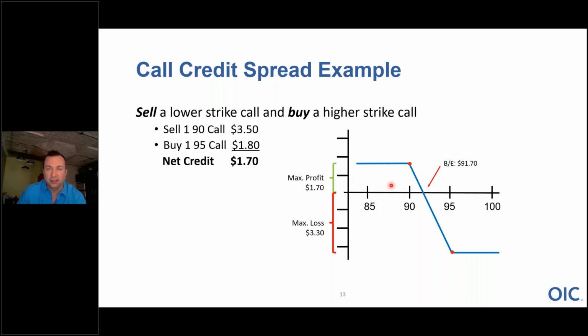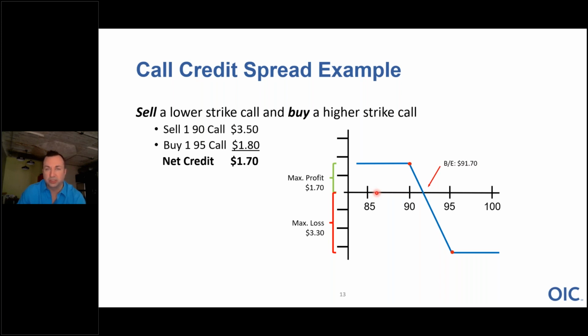We can be right, we can even be wrong by a little bit on where the stock is going and still be profitable. That's that element of favorable break-even that is consistent when you are selling options, giving up that risk profile, profit versus loss. Now, if this was a debit spread, by the way, the break-even point would be on the other side of the stock. You would have to have the move. The move would have to be lower in order for you to be profitable.